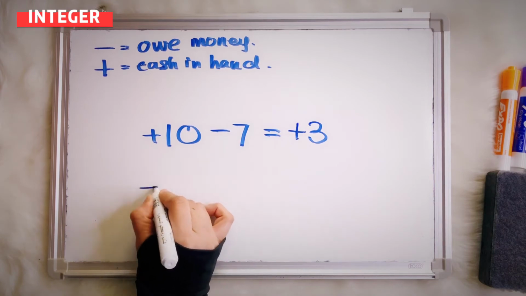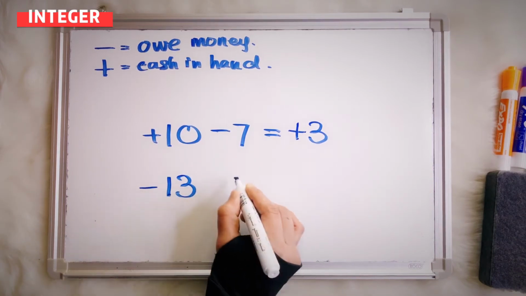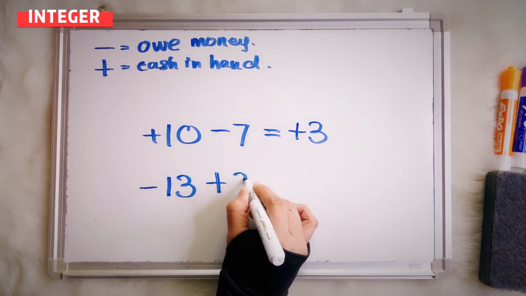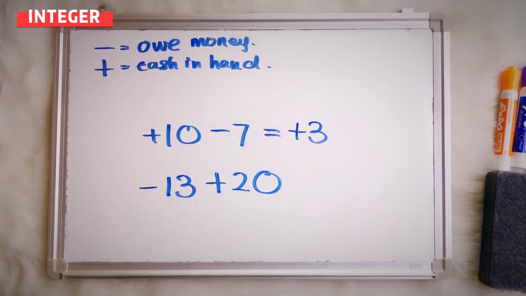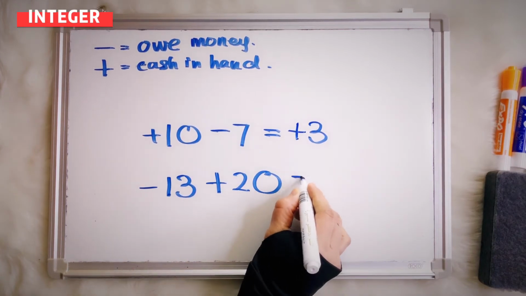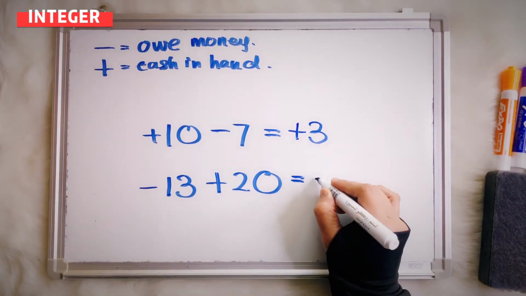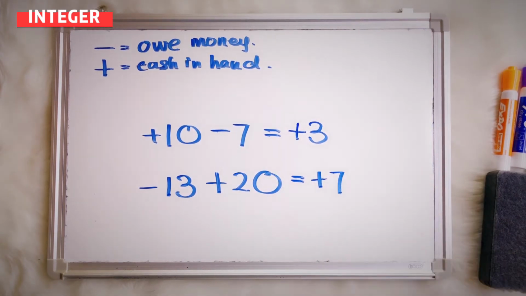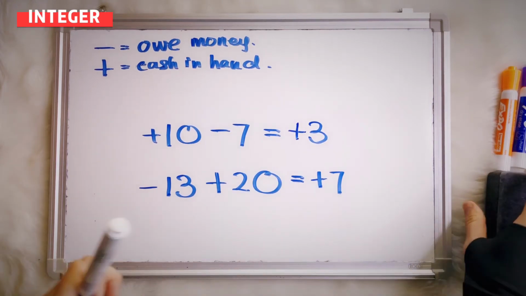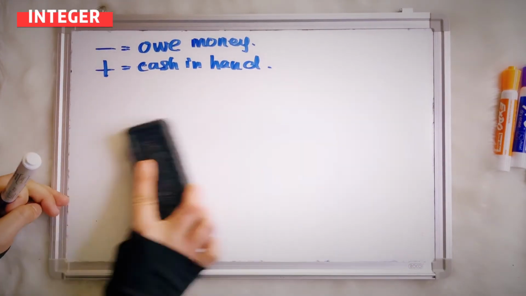Let's say I give you negative 13 plus 20. So you owe me $13, but you have cash in hand $20. So after you pay me, you still have $7 cash in hand. Okay, all right, next, you use this concept.